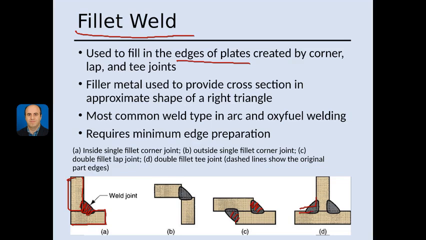The advantage of the fillet weld is that it requires no special joint preparation, no machining, no grinding before the welding process. If you want to make that angle, you just bring the plates together and then you start welding. The strength of the weld is a function of its size.